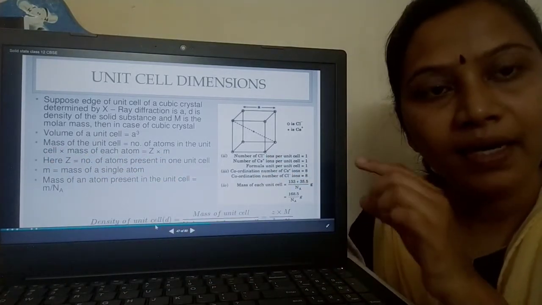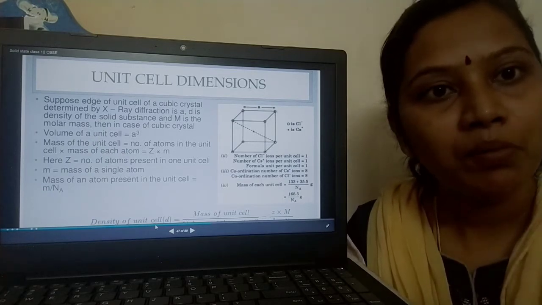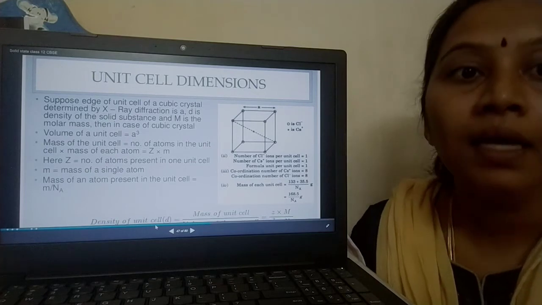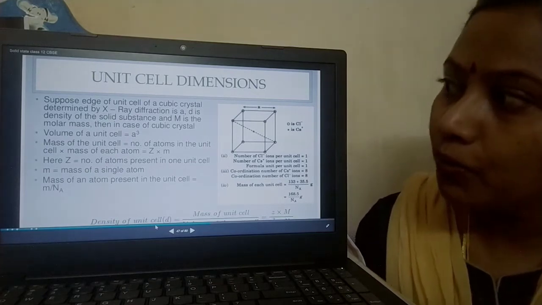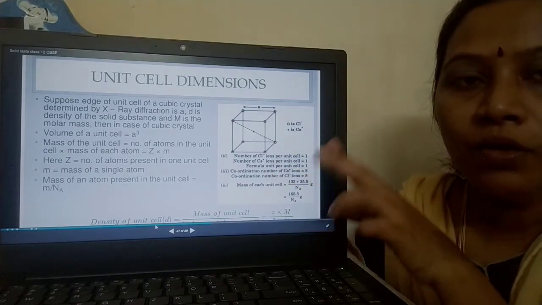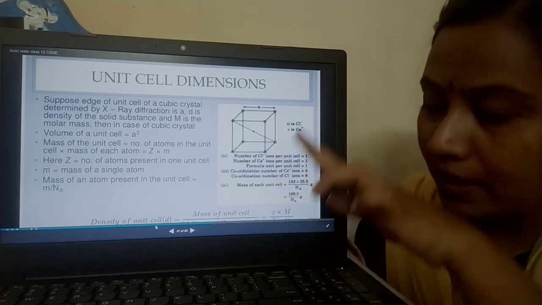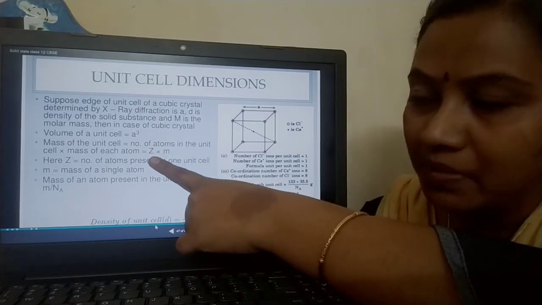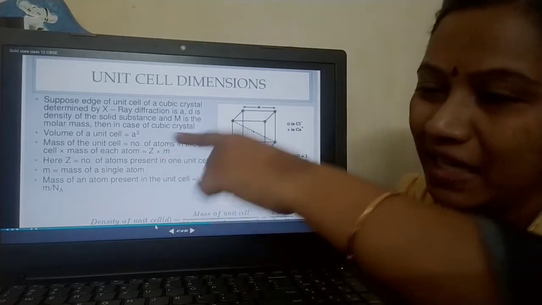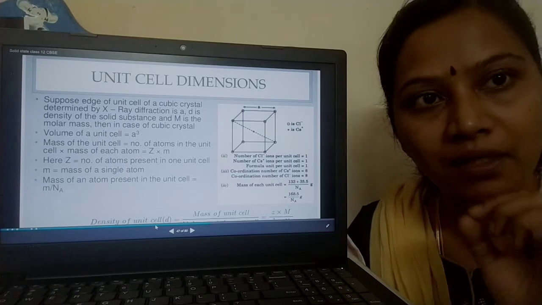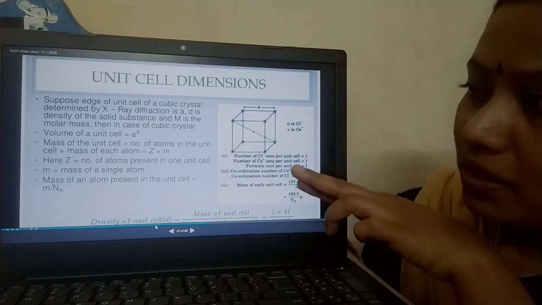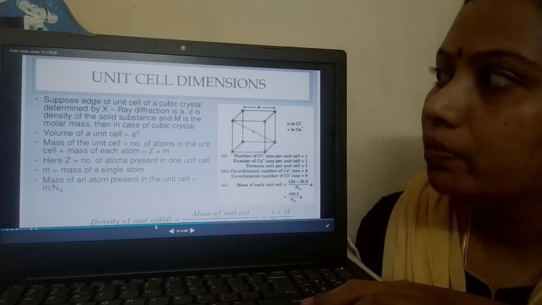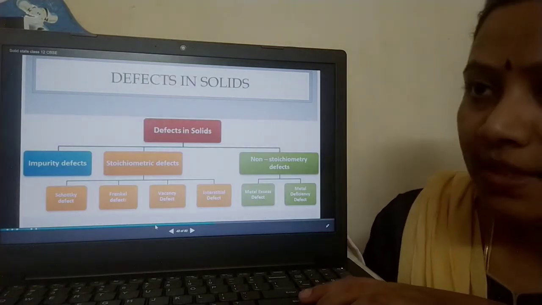Here they have defined it as atom, but it can be a molecule or an ion. So the number of atoms, ions or molecules present in the unit cell is designated by the term Z, capital Z, and the mass of each individual atom is represented by the small m. So mass divided by the volume of the unit cell gives you the density of the unit cell.